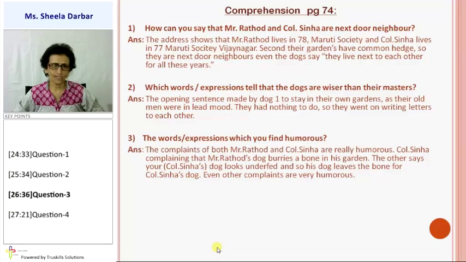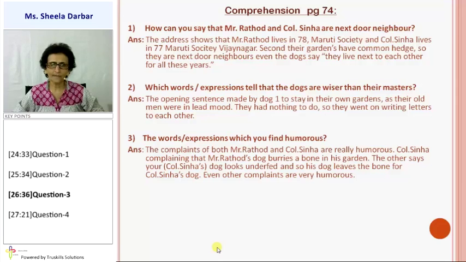Third question. The words and expressions which you find humorous. Answer. The complaints of both Mr. Rathore and Colonel Sinha are really humorous. Colonel Sinha complaining that Mr. Rathore's dog buries a bone in his garden.